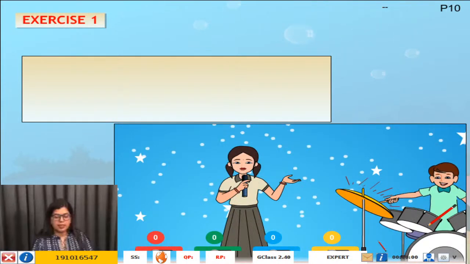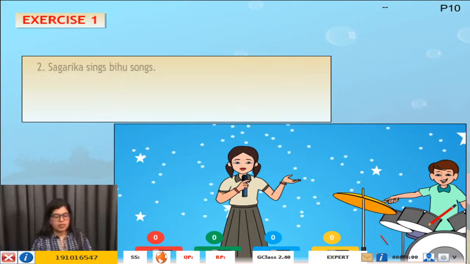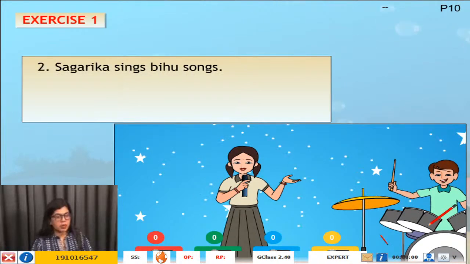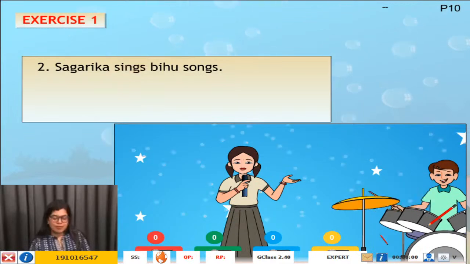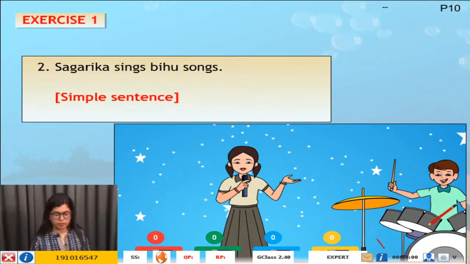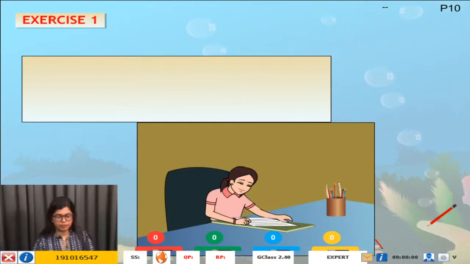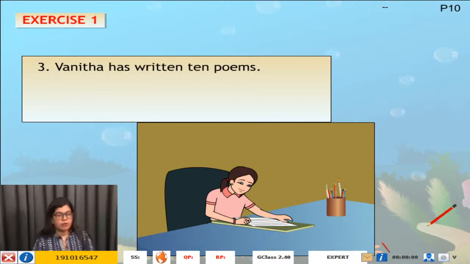Now let's see. What is the girl doing? Yes, she's singing, isn't it? Sagarika sings Bihu songs. Here we have 'sings'. So what type of sentence is this? Yes, it's a simple sentence. Then, Vanitha has written 10 poems.